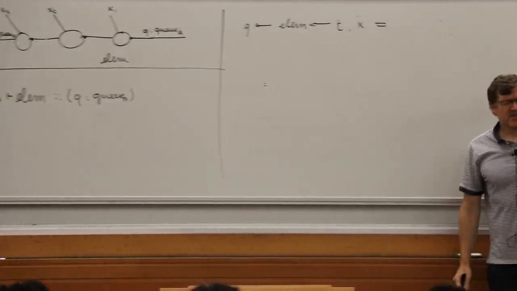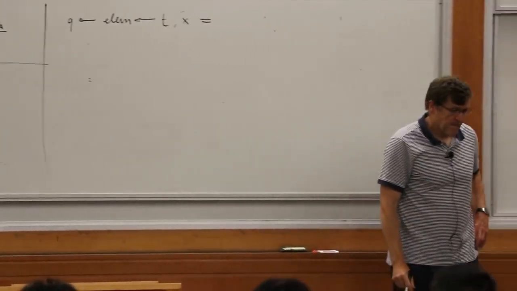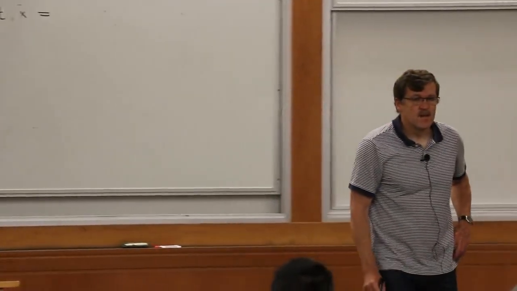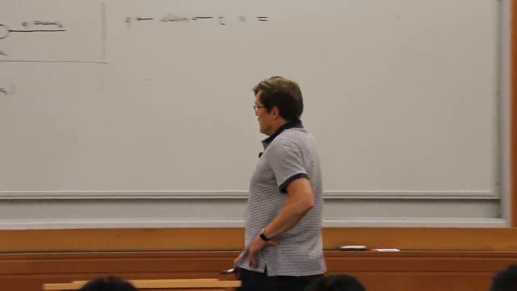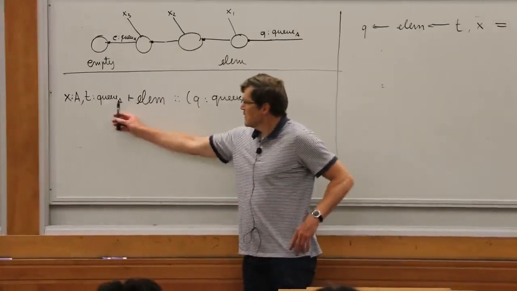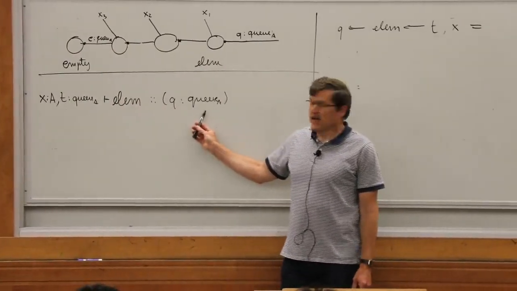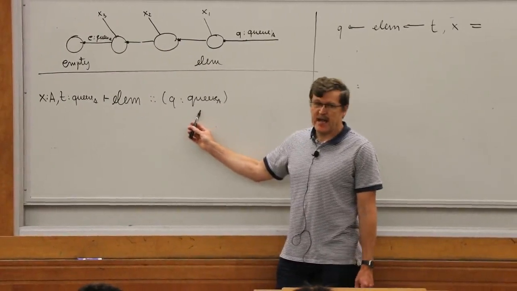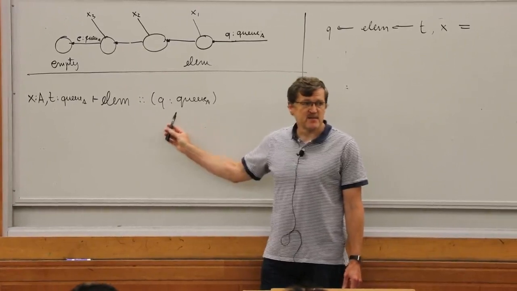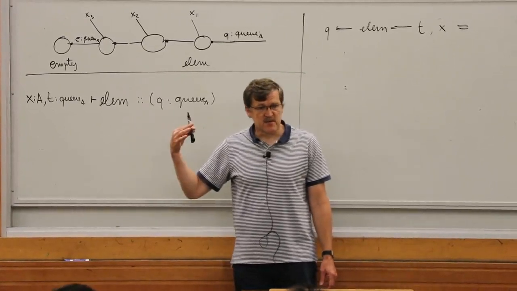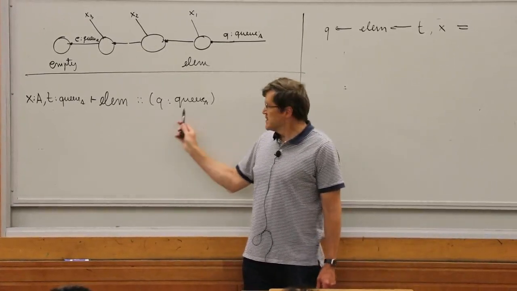Okay, so how do we start? We look at the type. On the object-oriented side, what happens is we almost always answer a request from the outside world. We receive a message and then we do some computation and return the result. That's how it works. This is an external choice.